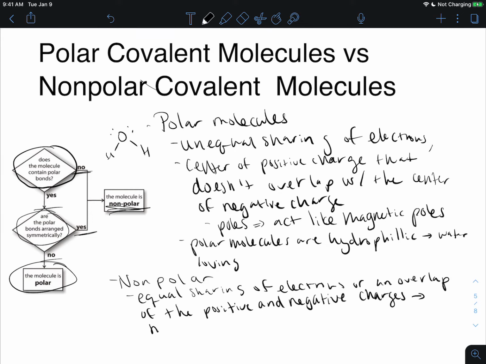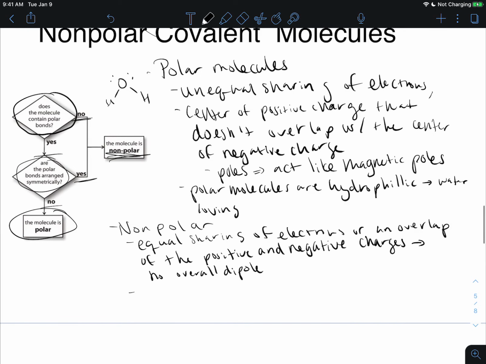So we get no overall dipole. Okay. And these are going to be considered hydrophobic in nature, which is what we call water-fearing. So water is a classic polar molecule. Oils and fats, generally considered nonpolar, which is why they don't really mix, right?